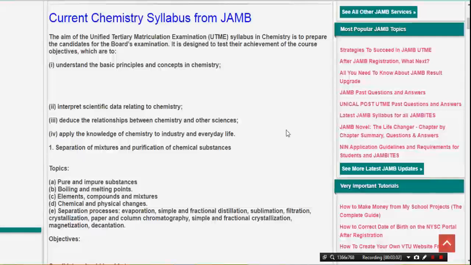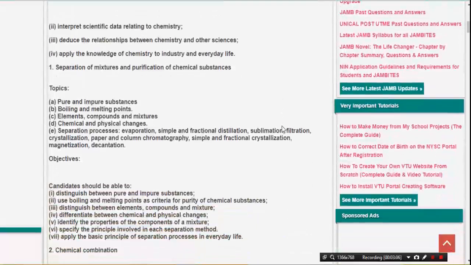Now, the topics to concentrate on. Number one, separation of mixture and purification of substances, of chemical substances. That is the first section.